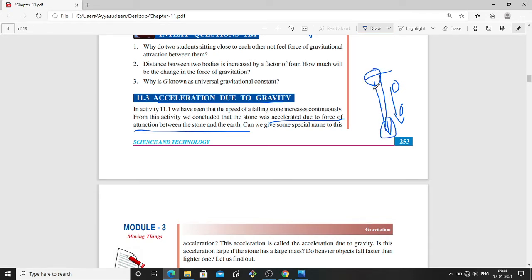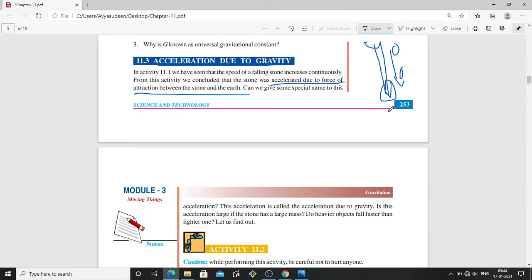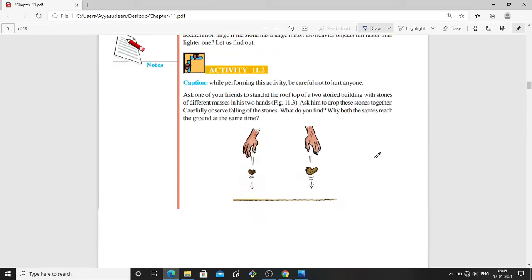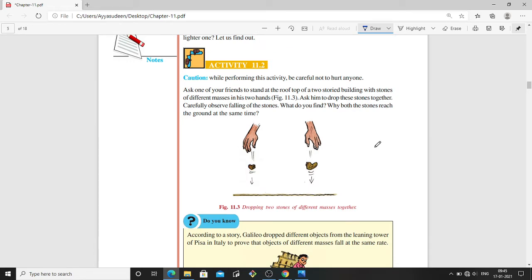They want to give a special name to this kind of acceleration, so they call it the acceleration due to gravity.